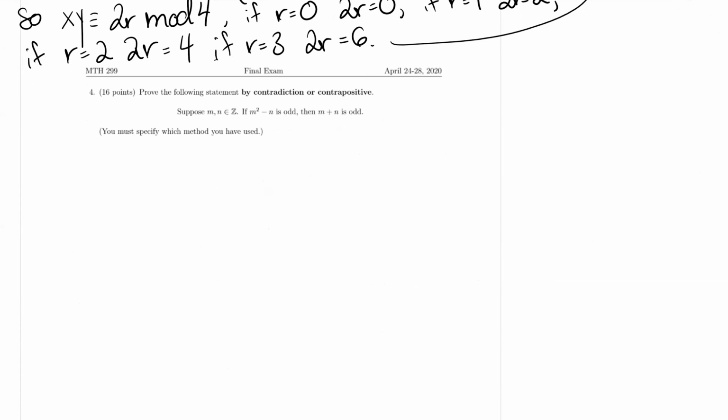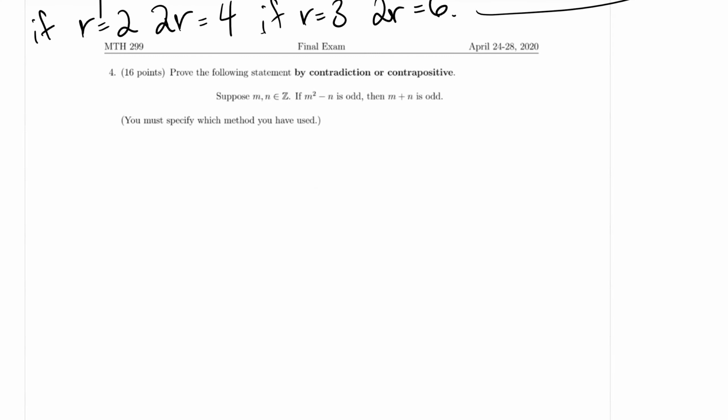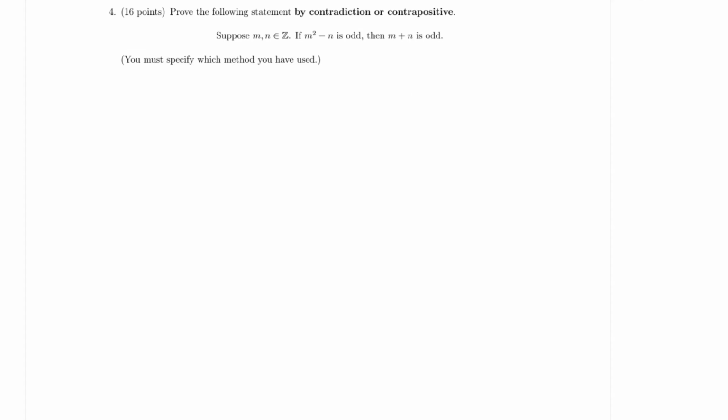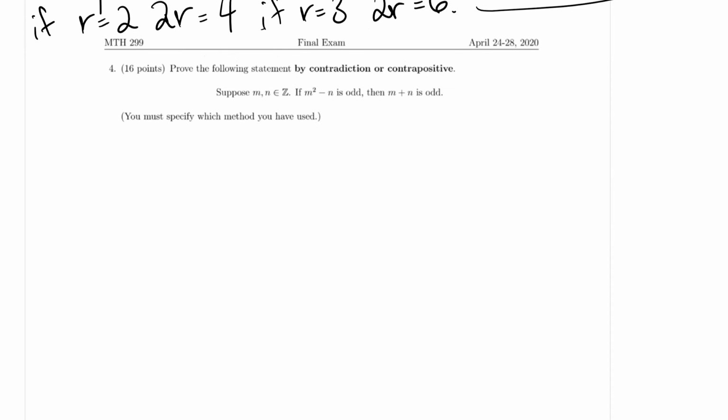Awesome. All right, number 4: prove the following statement by contradiction or contrapositive. Suppose m and n are integers. If m squared minus n is odd, then m plus n is odd. Maybe I'll remind us what the contrapositive is.